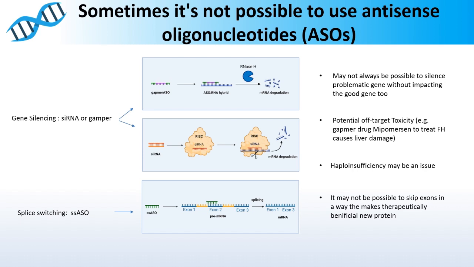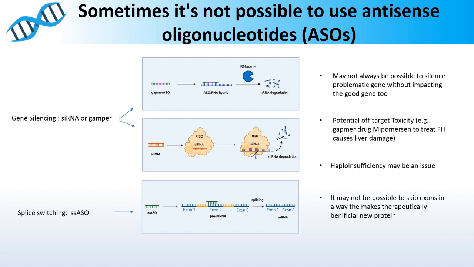But sometimes when you have a toxic gain of function or a dominant negative gene and you need to silence it, you might not be able to do so. Maybe it's not possible to target the mutant gene via its messenger RNA without also impacting the normal gene, or maybe the silencing itself comes with a lot of off target toxicity, like with some gapmers that have been used to treat FH.